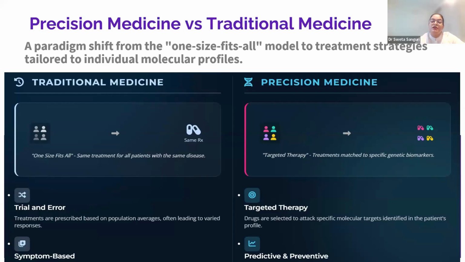Right time is as early as possible, because this helps us in early diagnosis of disease that can save a lot of time and agony to the patient.